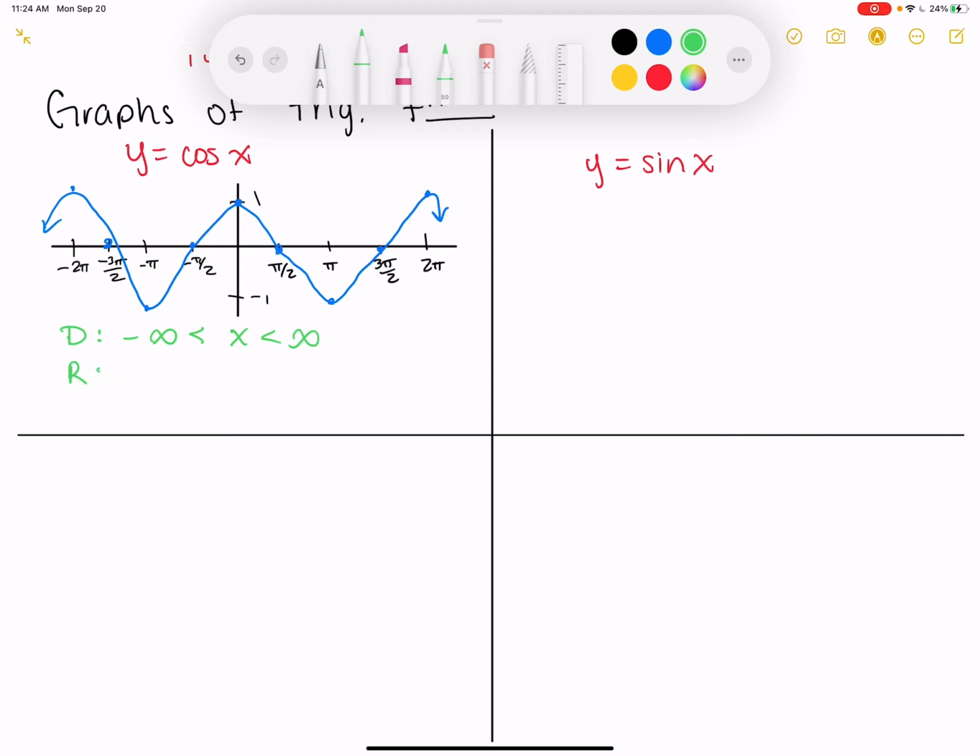And then our range is just going to be from -1 to 1. And we want to know at what point it starts to repeat, when we're talking about the period of it. So for this one, it is 2 pi.